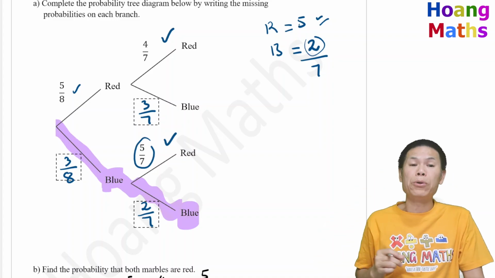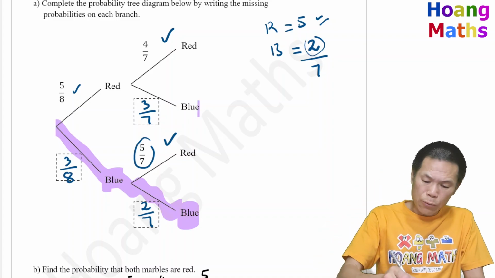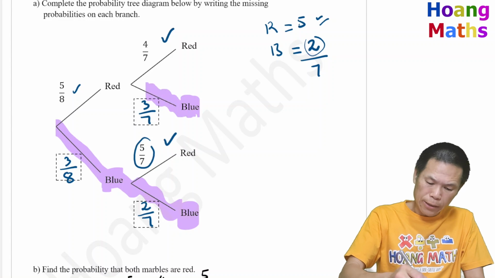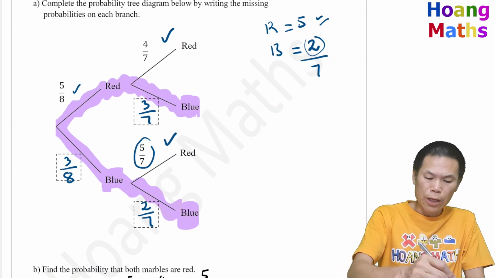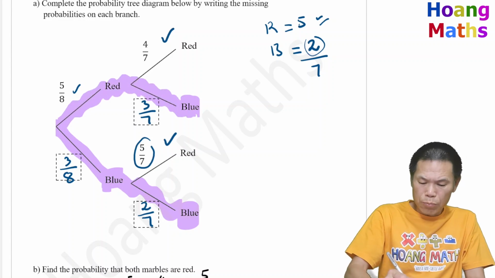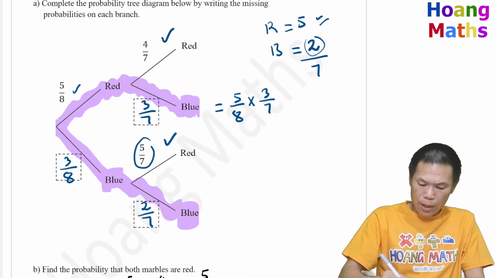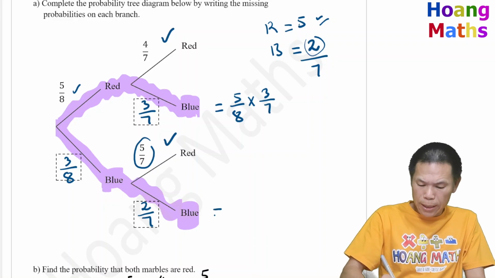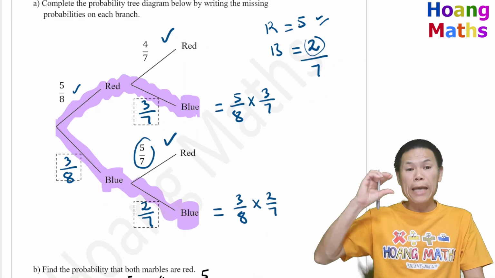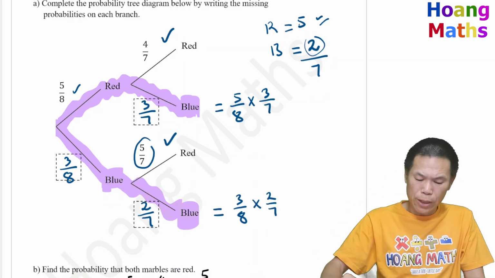The probability of red, blue is 5 over 8 times 3 over 7, and blue, blue is 3 over 8 times 2 over 7. So we just add these 2 probabilities together.